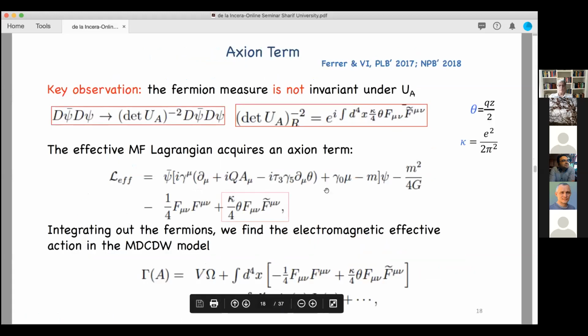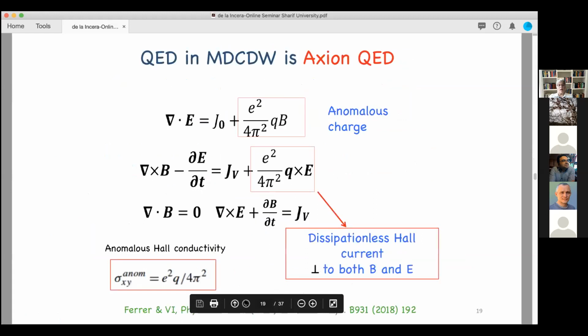Okay, so that implies that the electromagnetic properties, the electromagnetic transport, have these anomalous contributions. As interesting, we have an anomalous Hall conductivity, which by the way is similar to what you see in Weyl semi-metals. So there is a resemblance between the properties of this system and the properties of condensed matter topological materials.